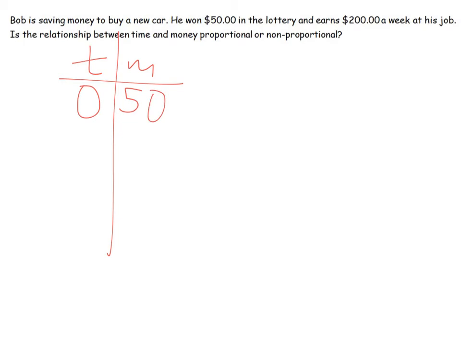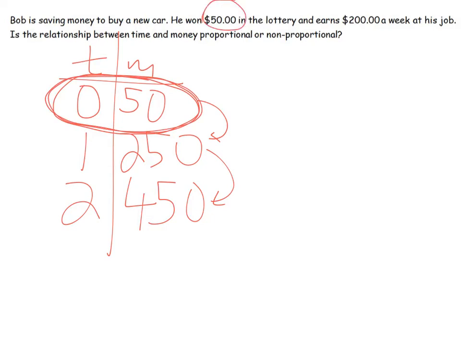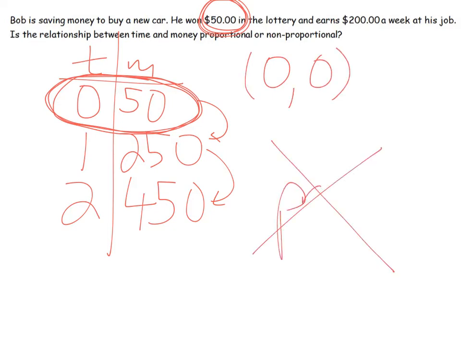So even though every week after that, it goes up a consistent amount, goes up 200, it doesn't go through the origin. At time 0, he started with $50. So he didn't start at 0, 0, so this is not proportional.